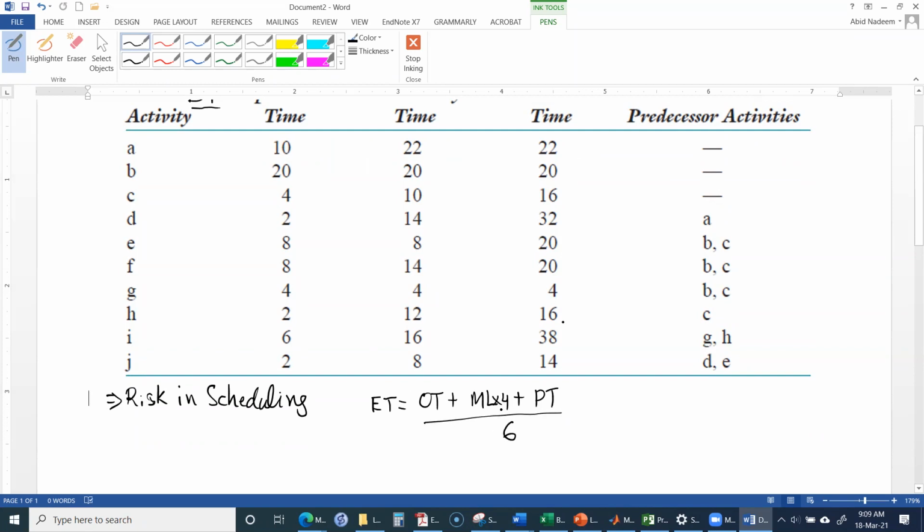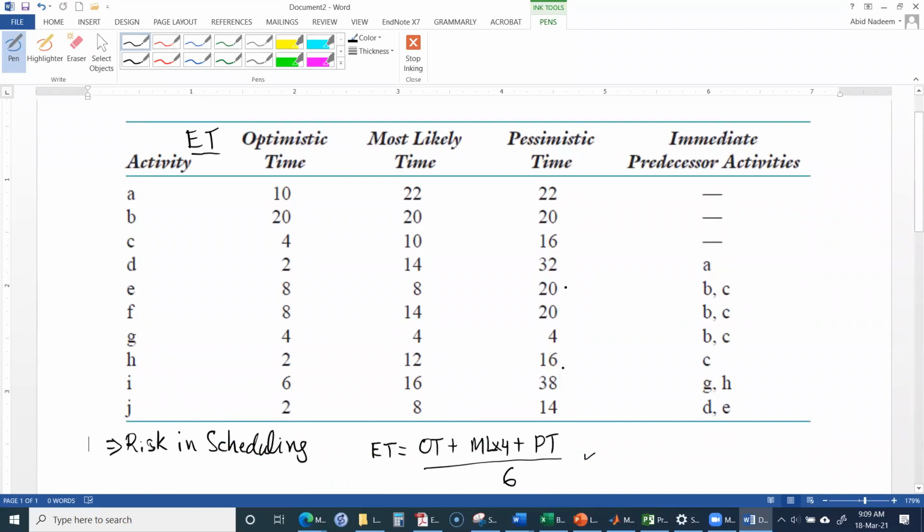So we take a weighted average of the optimistic time, most likely time, and the pessimistic time. We give a weight of 4 out of 6, that means about 66.67%, to the most likely time. So this is the general formula for calculating the expected time.